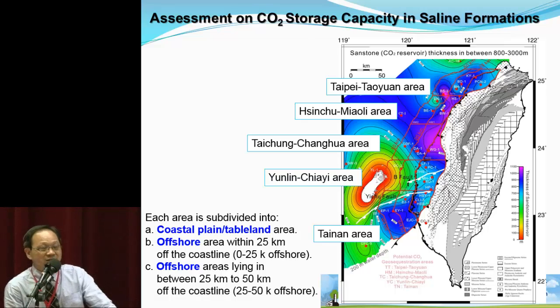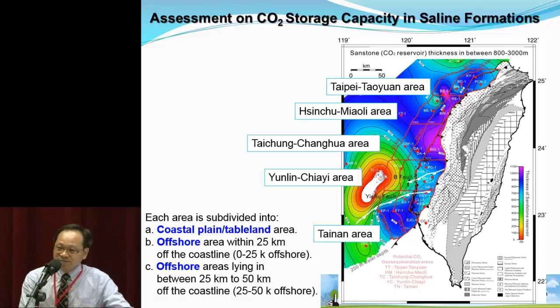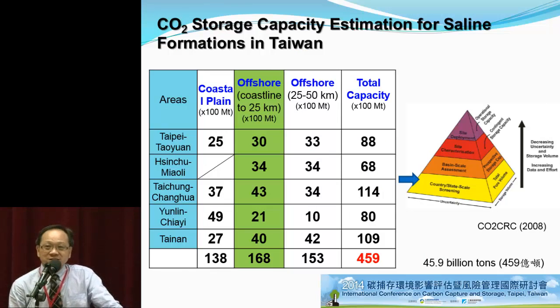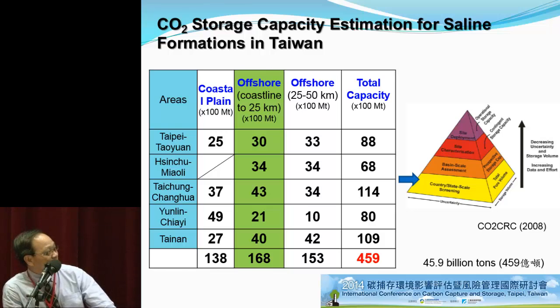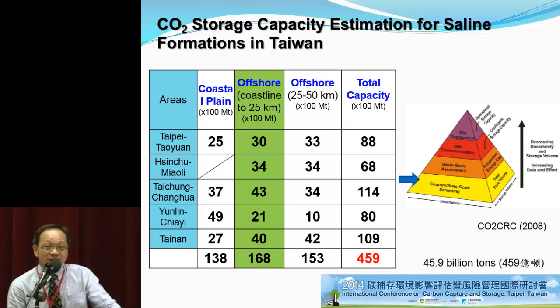Then, using the volumetric method, the same as DOE in the US, using this formula, we calculate the capacity for all these regions. The final number is here: 55.9 billion tons in all the area.